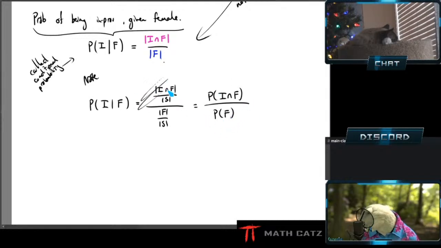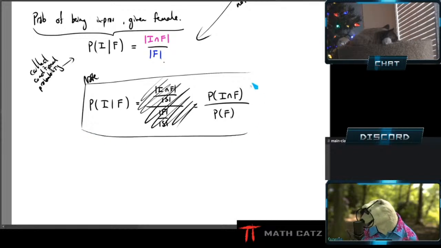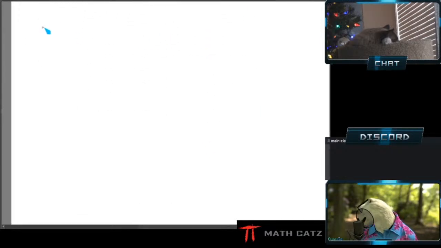So now I don't really care about this. I do it once to explain why I get this. This is now going to be my formula for how to determine and calculate a conditional probability. I can rewrite it as two conventional probabilities. Let's do it in general.